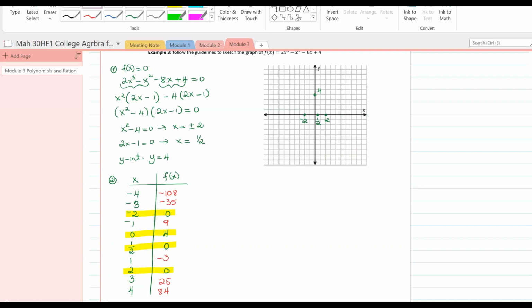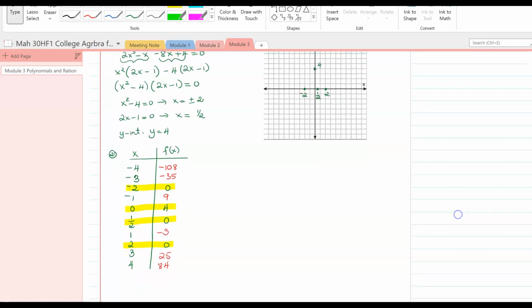So now that we have the values for f of x, you can see that from here to here, the graph is below the x-axis, then above, below, and then back above. Okay.